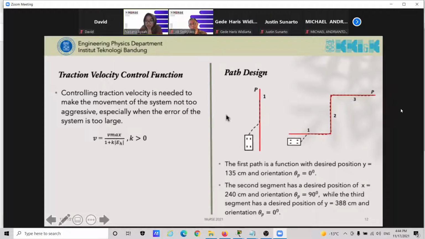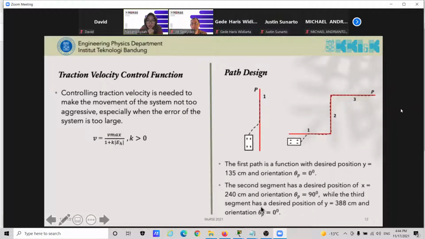The simulation and real-time implementation will be conducted on two types of paths. This is the first path, which is a straight line, and the second path is three line segments that form an S shape, as shown in this figure. The first path has a desired position y of 135 cm, and the orientation is 0 degrees.